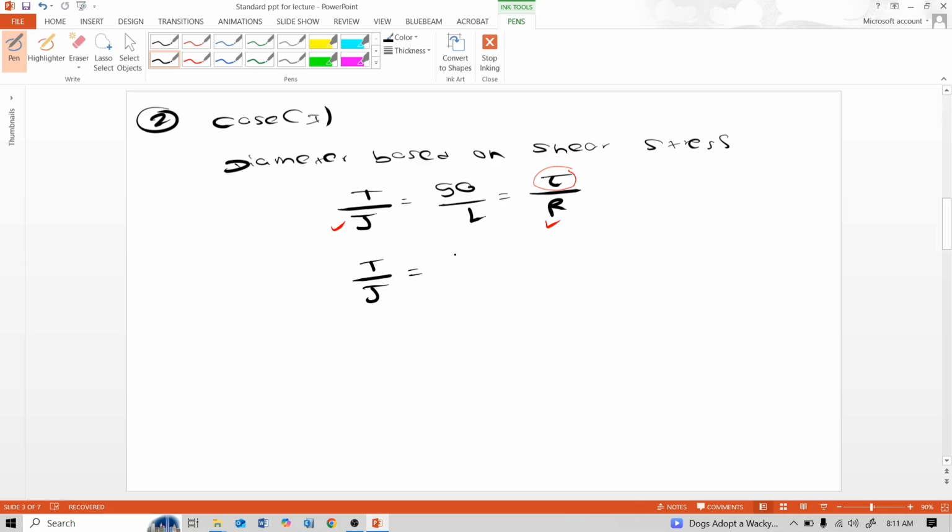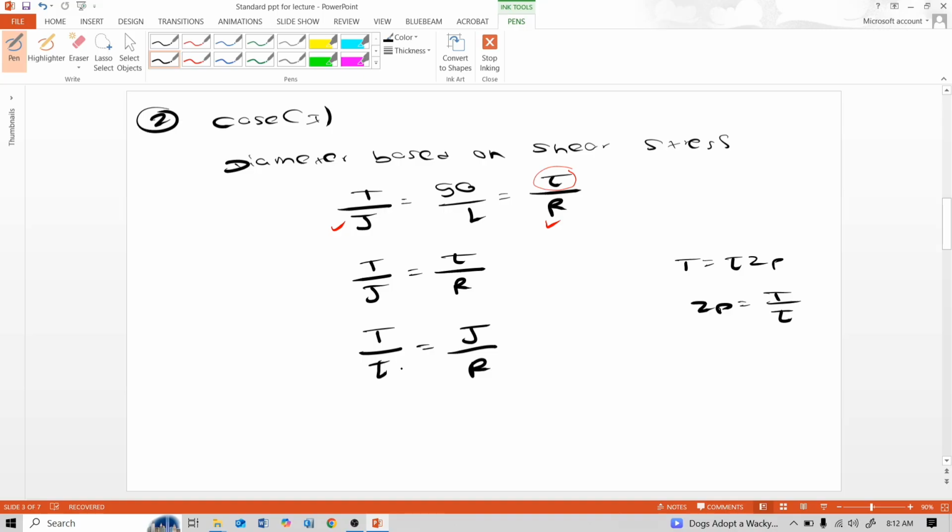T by J is equal to tau by R, and we know that T is equal to tau into ZP. So taking tau to the left side, T by tau is equal to J by R, and T by tau is ZP, the polar sectional modulus.